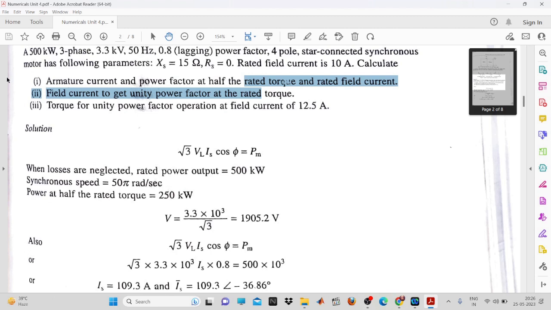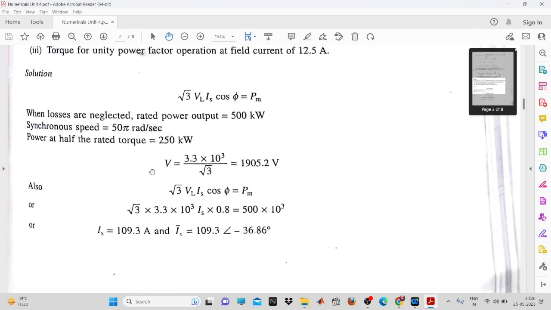Just now I told you that when you want to calculate the current, you will have to apply this equation. You will see all the quantities are vectors only. These are not scalar quantities. Fine, so now you put all the things in, and Is will be equal to 109.3 ampere.